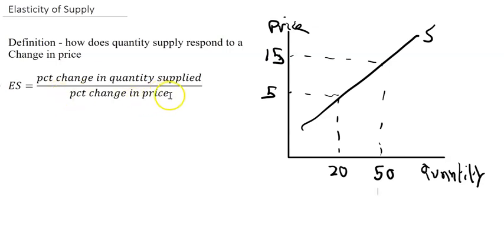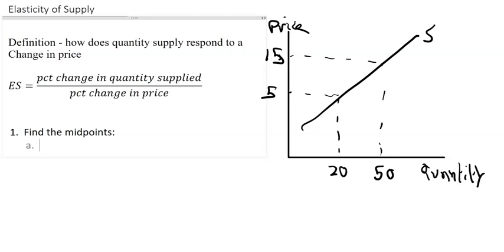In order to find the elasticity of supply, we have to do the following. The first step is to find the midpoints. The midpoint of price is the average of those two prices.